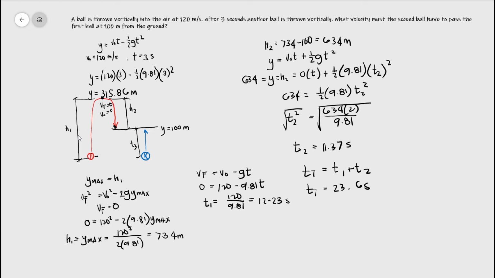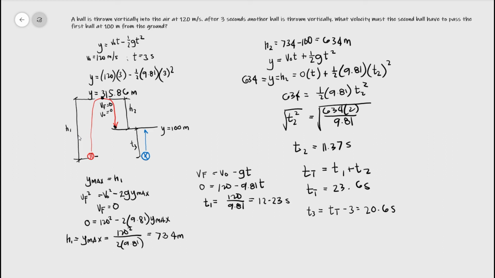Therefore, at the time when the two balls meet at 100 meters, the second ball is traveling for how many seconds? T3 will be the total time for ball 1 traveling minus 3 seconds. Therefore, this will become 20.6 seconds.